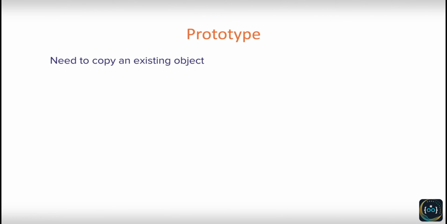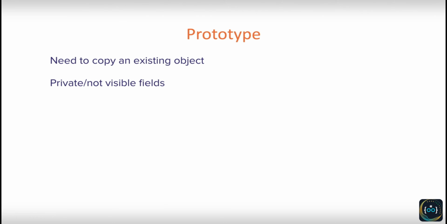Okay, so we don't want to create a new object from scratch and then go through the whole process, because this particular object might already have some state in it or has gone through user interaction or some other reason, right? So there is some complexity in this existing object, and we just need a simple copy of that object. How do we do that?